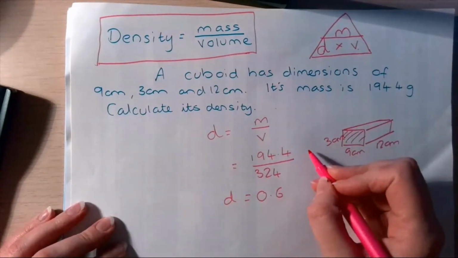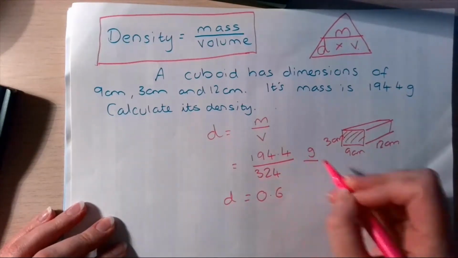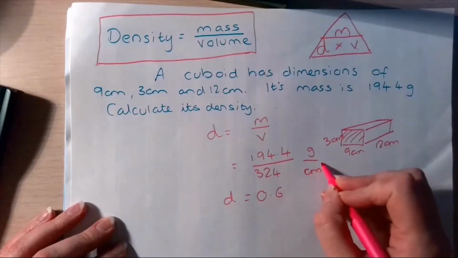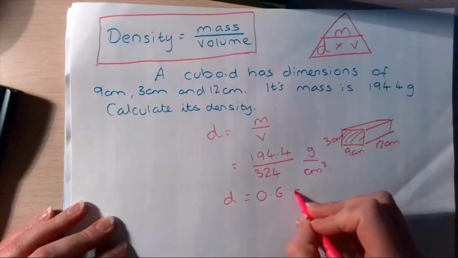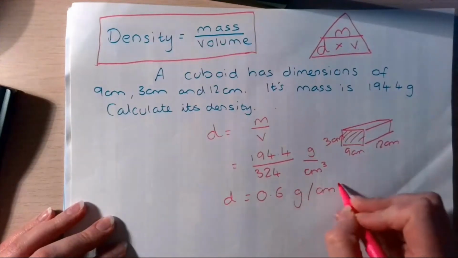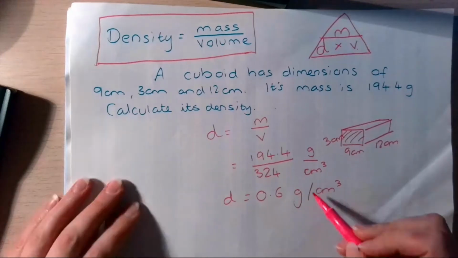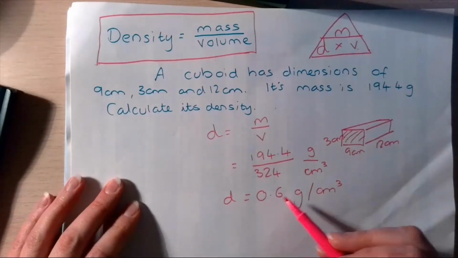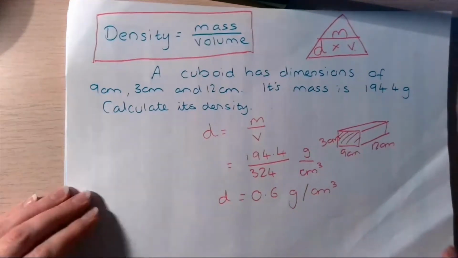If we've put in grams for our mass and centimetres cubed for our volume, that's what comes out, so we get grams per centimetre cubed. That's the most sensible way to do those. Look at what's gone in, and that's what's going to come out. So density is measured in grams per centimetre cubed. Right then, so there's your first example.